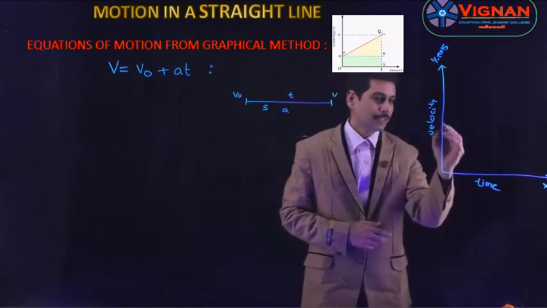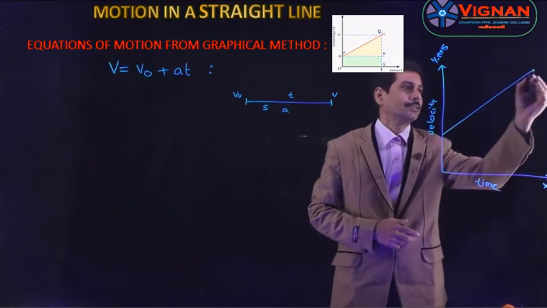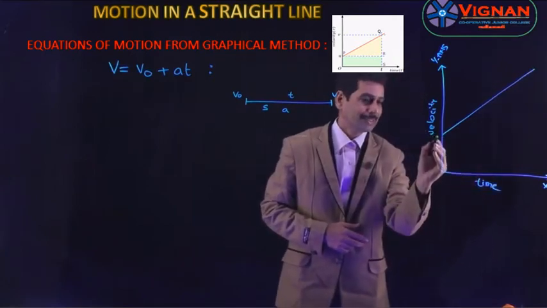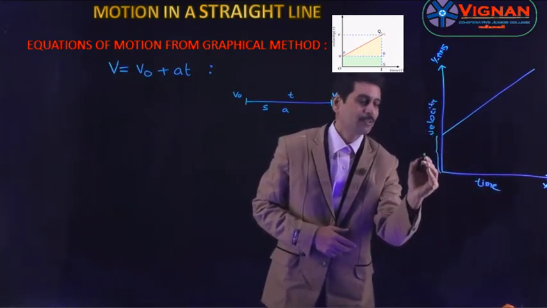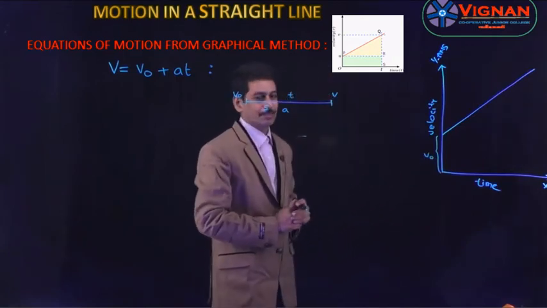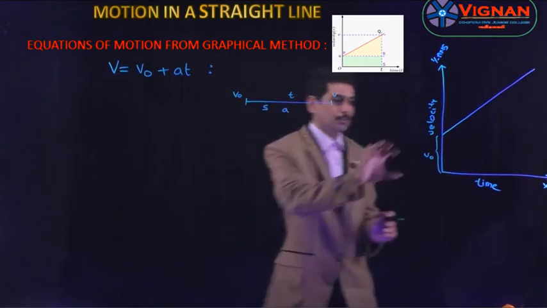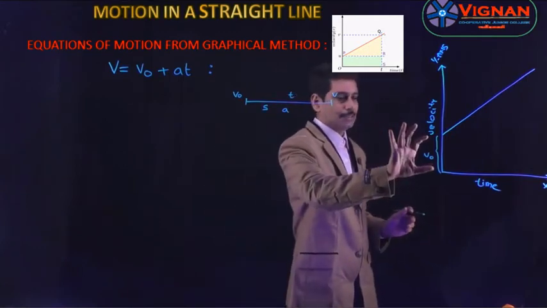Here we are considering that the shape of the graph is a straight line, but with an intercept, because the body is traveling with an initial velocity V naught. It's not starting from rest. So this intercept on the y-axis gives the initial velocity V naught.